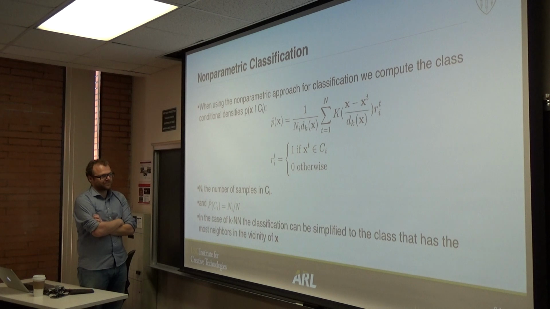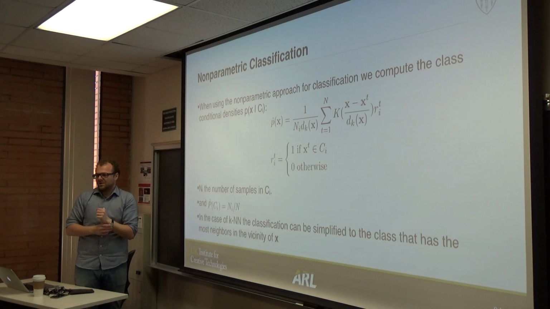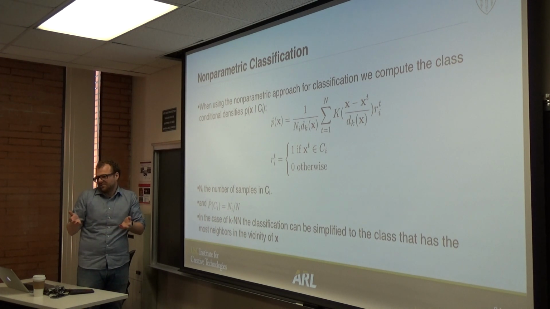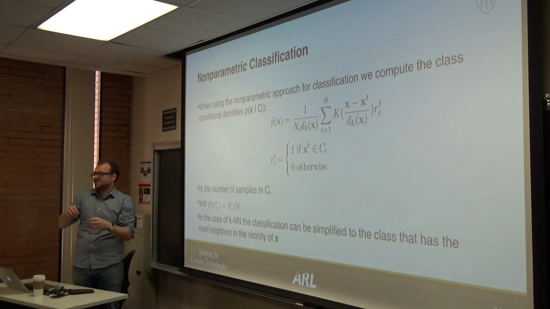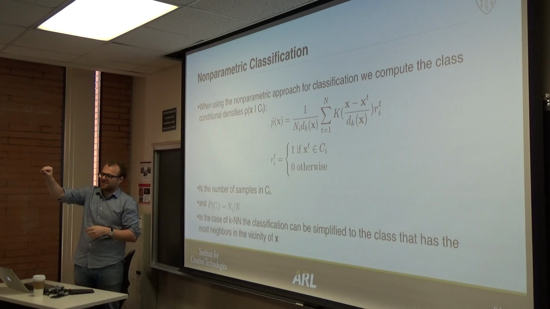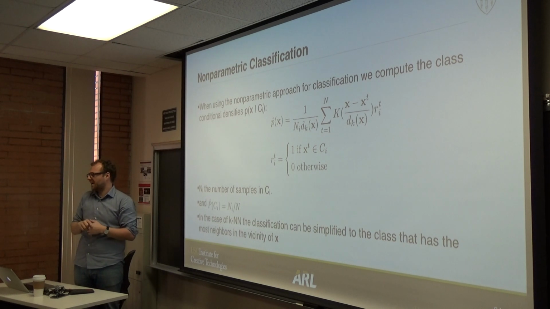And this is just a complicated way to describe how a nearest neighbor classifier really works. A nearest neighbor classifier is just: you have a cloud of observations, your new data point comes in, and you look up the 5 or the 3 nearest items, and you count how many of those are part of class 1 and how many are part of class 2.